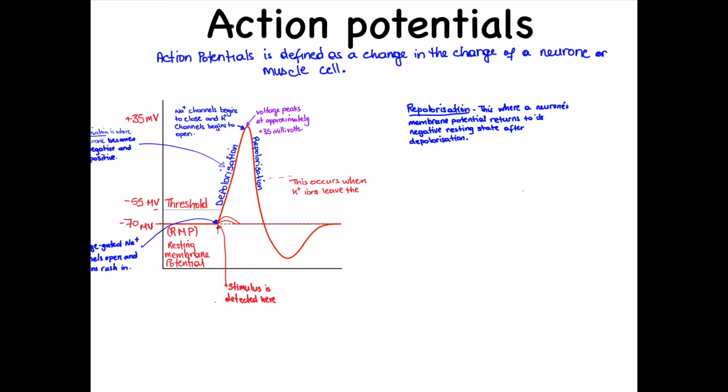It occurs when potassium ions leave the cell. And once that happens, the potassium ion channel will close, but not very fast. It happens slowly.